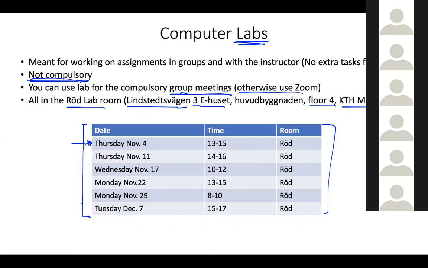There are more labs than assignments and group meetings because I just wanted to give you more options, in case you have some problem, to come once more, get the feedback, and meet. But from the formal point of view, it's just 4 assignments and 4 group meetings.